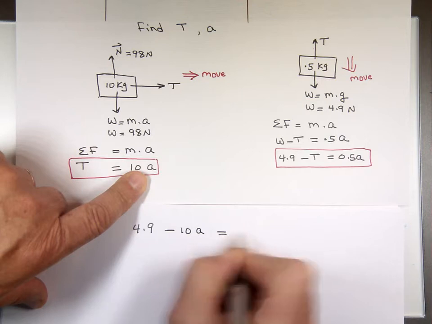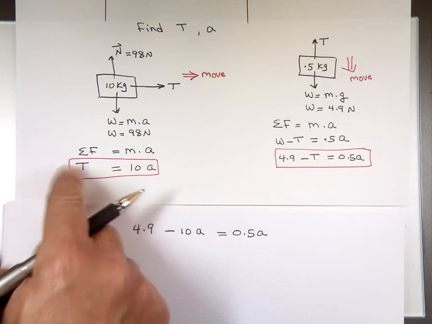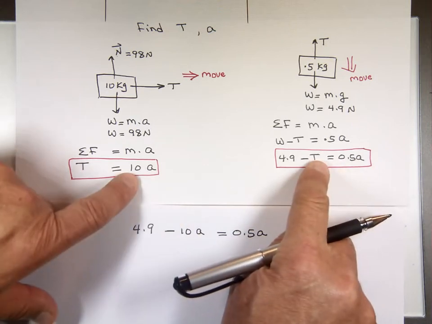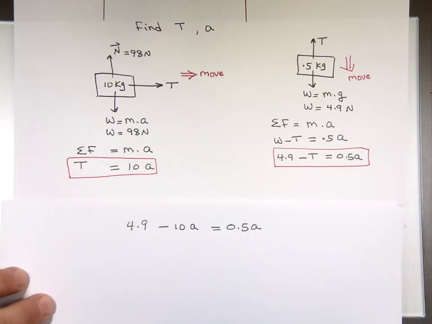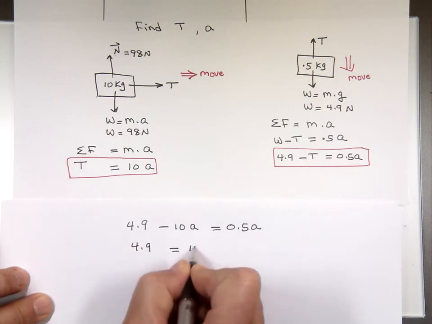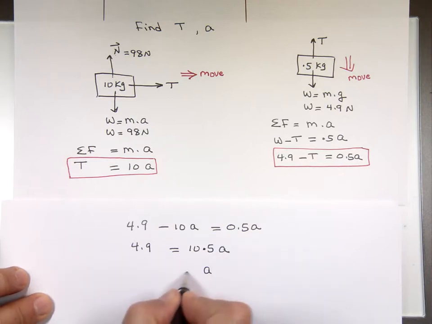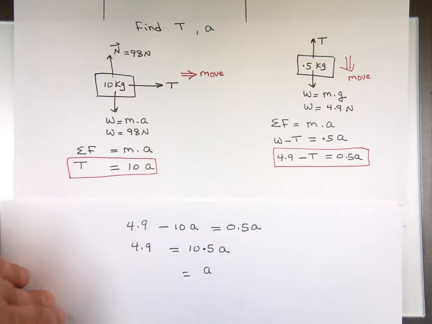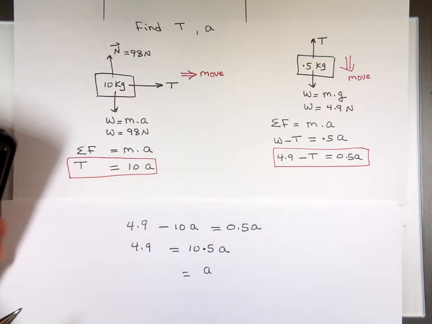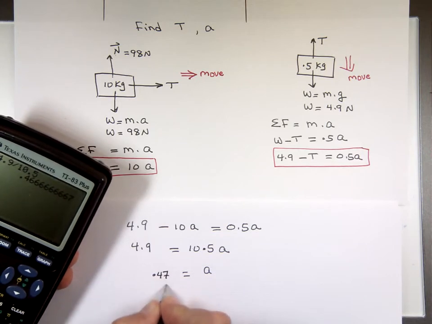So 4.9 minus 10a equals 0.5a. I took the T here and plugged in 10a here. 4.9 equals what? 10.5a. What's a equal to? 0.47 roughly, meters per second squared.